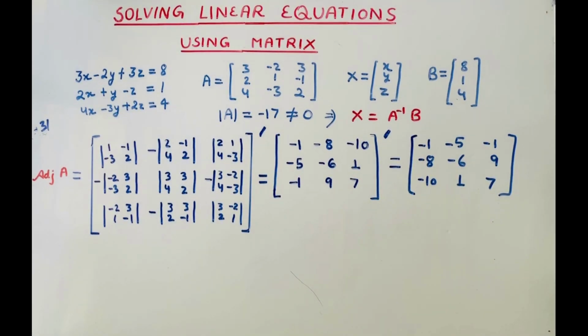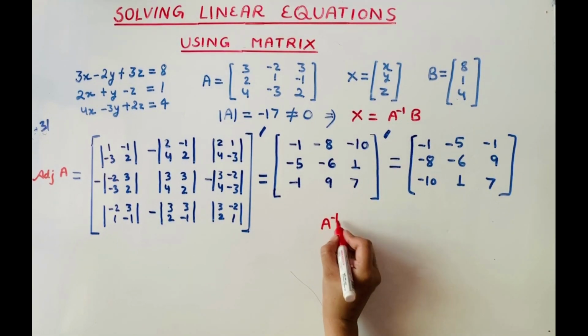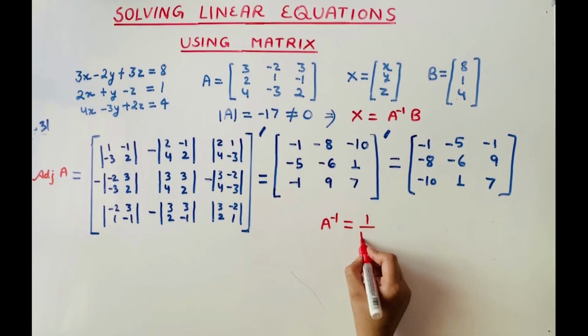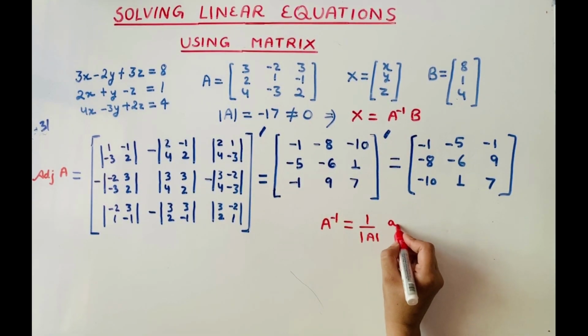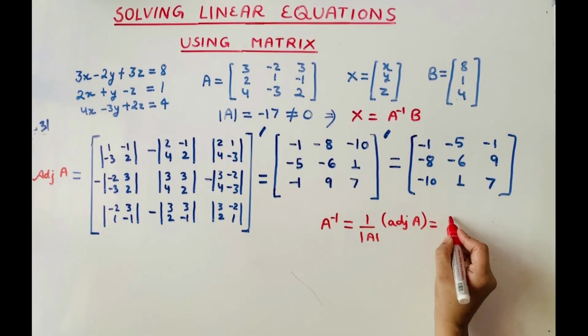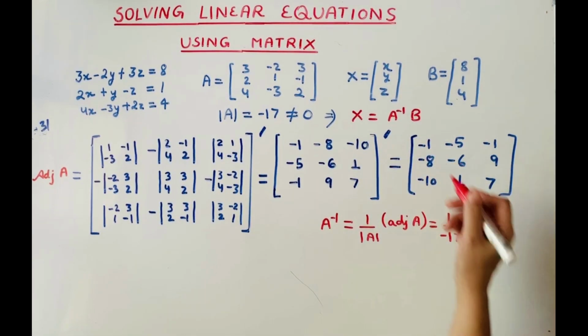Now we will find out A inverse. You know what A inverse is? A inverse is 1 by determinant of A into adjoint of A. So all the values you have, so that will be equal to 1 by minus 17, and then the adjoint you have here.